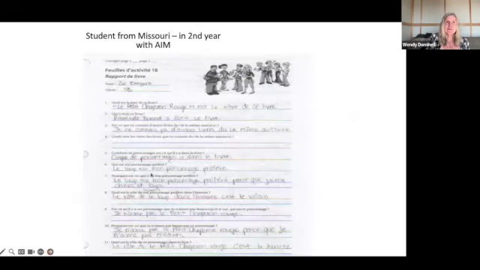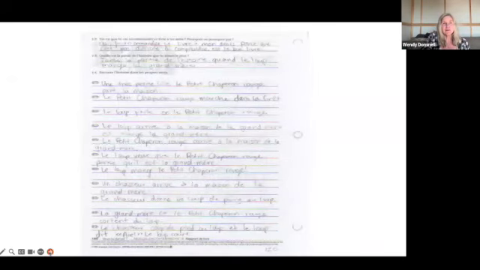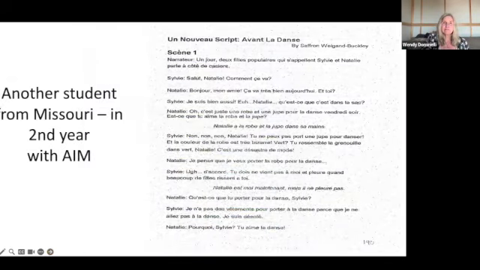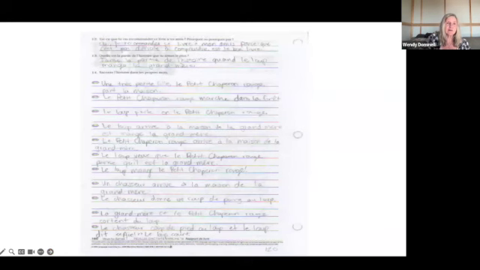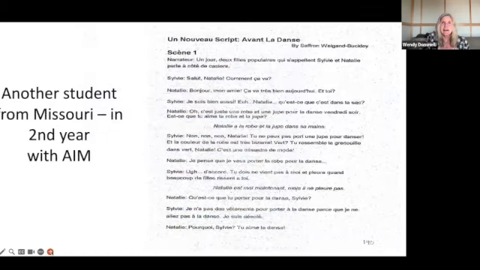This is a grade 8 student from Missouri who is now in their second kit with AIM, and we read other stories. We have AIM readers. You can read any other stories you wish. And the students follow the same process of story retelling, where they retell the story in their own words. That's one of our activities in the future kits. In this case, the teacher didn't want to do a qu'est-ce qui se passe après story extension.